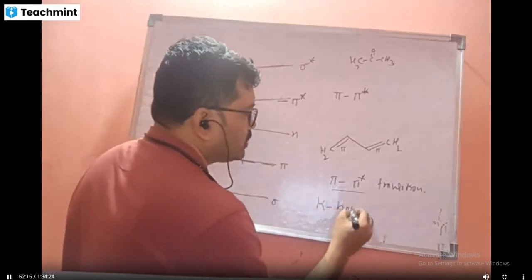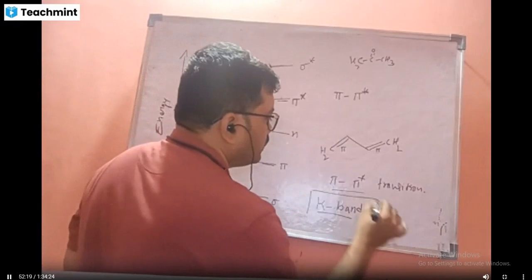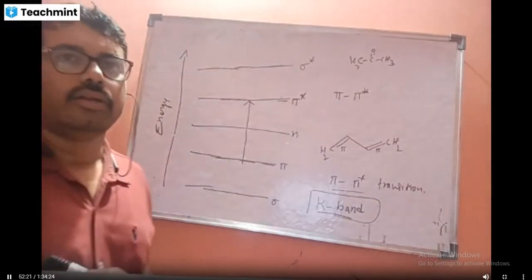Pi to pi star transition is also called K band.